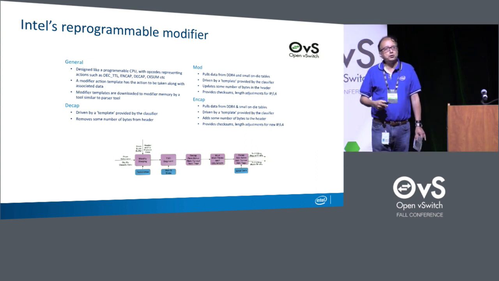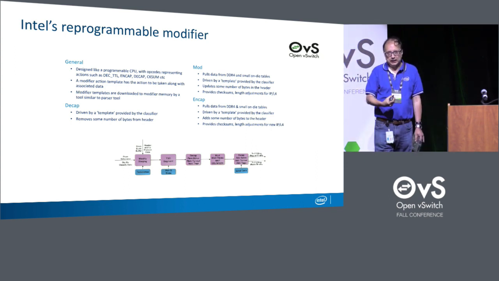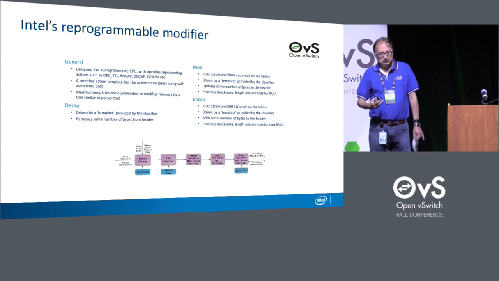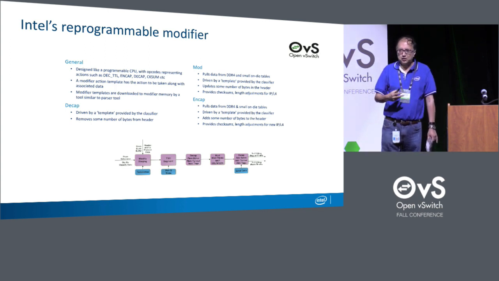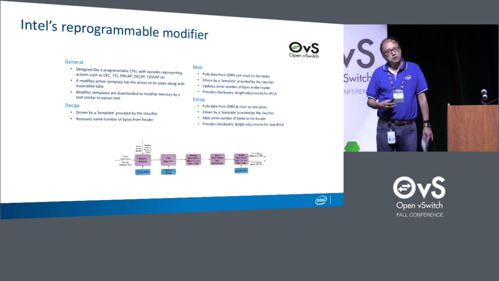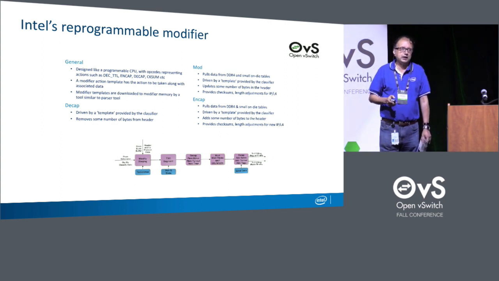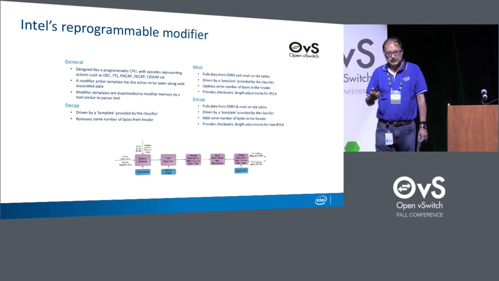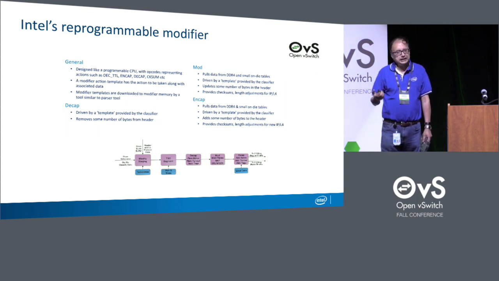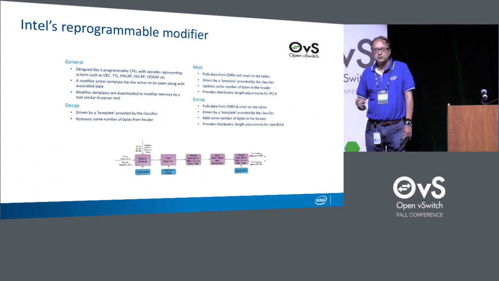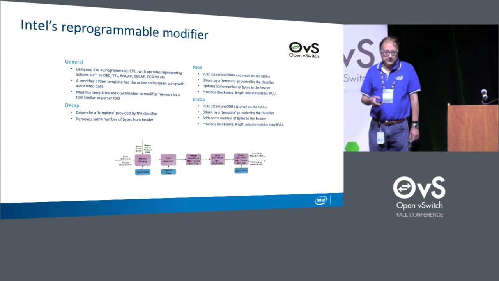For the modifier, we took the approach of almost a CPU type, again, not with the usual complexity of a CPU, but kind of like a programmable CPU that has opcodes representing actions such as decrement TTL, encap, decap, calculate checksum, replace IP with some other IP, etc.